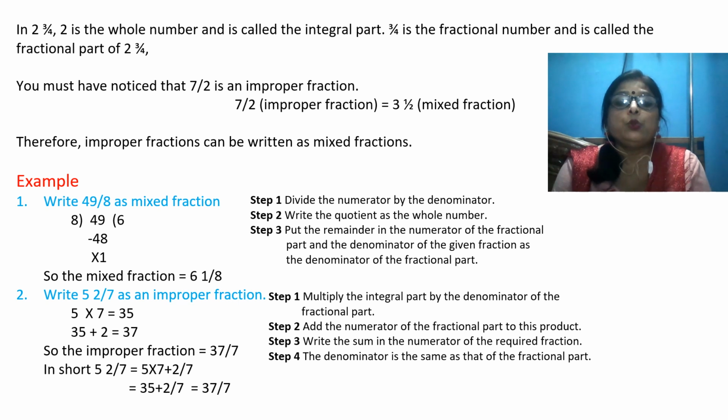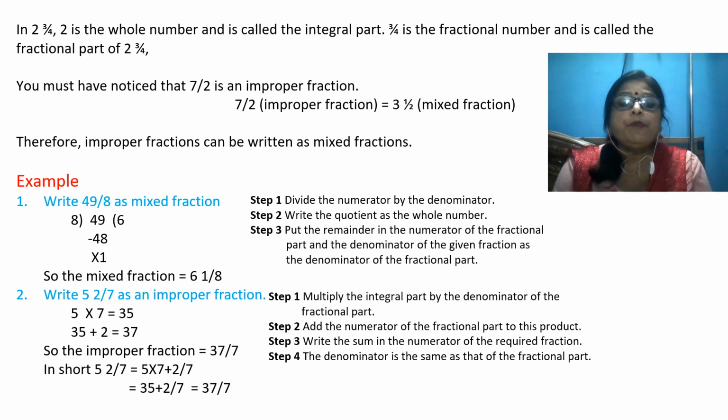You must have noticed that 7 by 2 is an improper fraction and 7 by 2 is equal to 3 whole number 1 by 2, which is the mixed fraction.